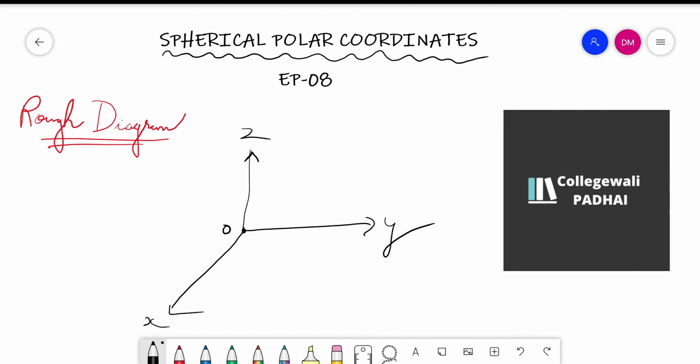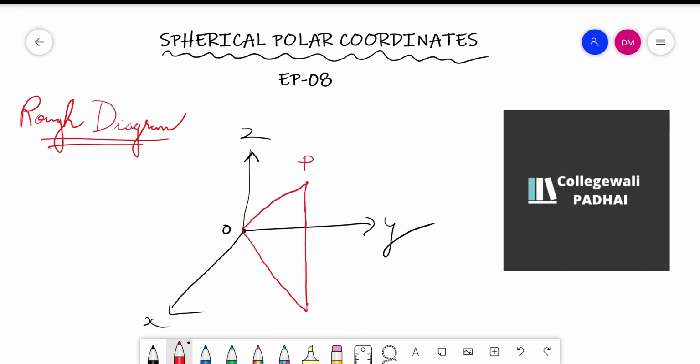So this is the basic plane. What I am going to add is, suppose I take a point P and drop a line till here. A line can come from here, a line can go here.